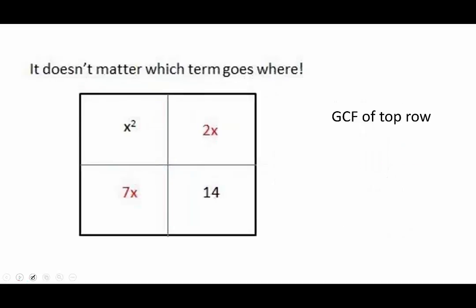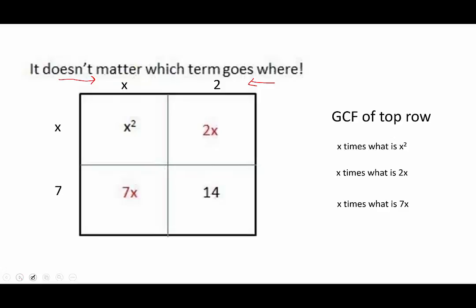Next step, GCF of the top row. We can factor an x out of x squared and 2x. X is the common factor. X times what is x squared? I need to put a number right there. X times x is x squared. Now, x times what is 2x? X times 2 is 2x.